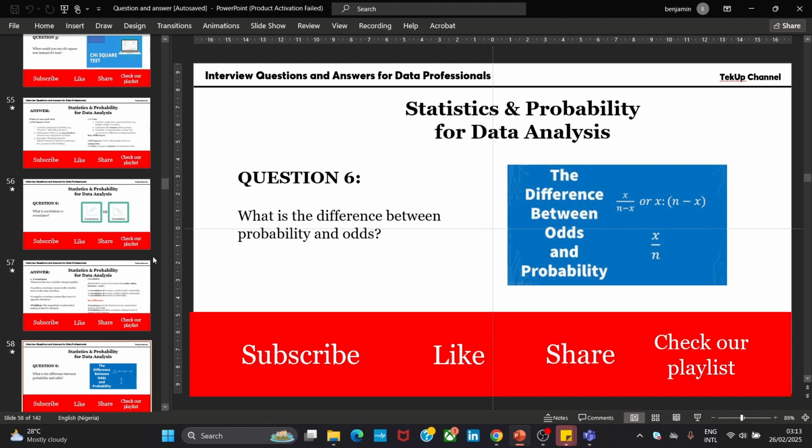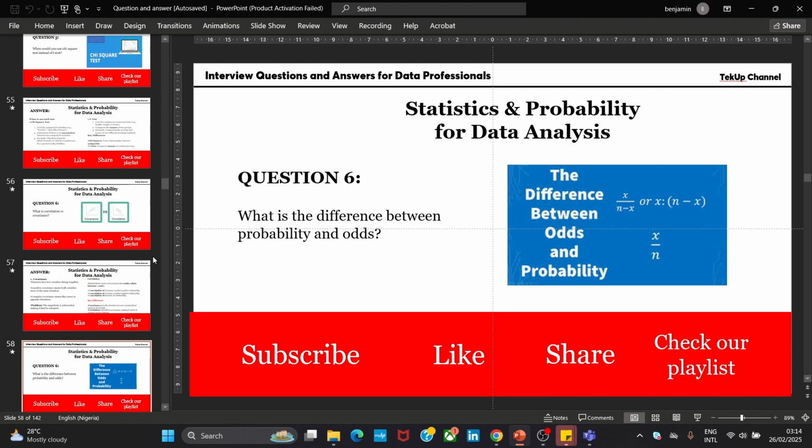Odds is calculated using the formula: the total number of favorable outcomes divided by the total number of unfavorable outcomes.